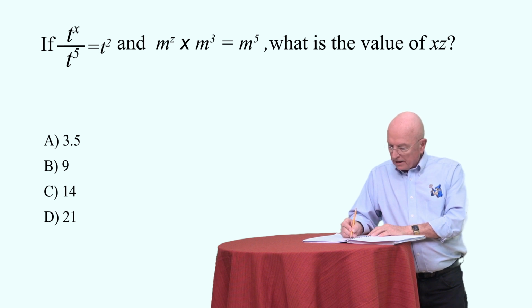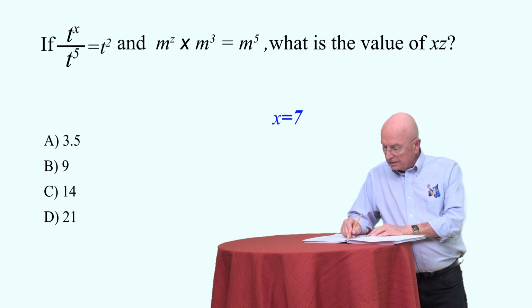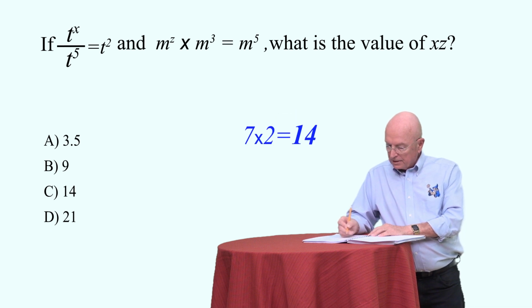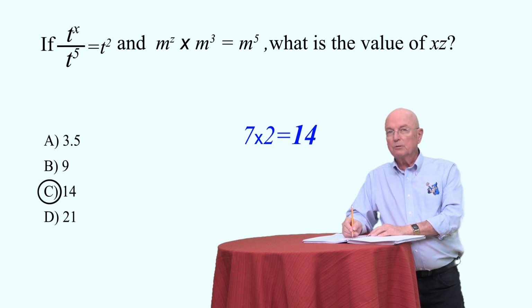So what number x minus 5 gives you 2? So x has to be 7. And in the other case, what plus 3 gives you 5? Well, that's 2. So m to the z is really, z has to be 2. And then x times z would be 2 times 7 is 14. That's answer C. Circle it in your test booklet, bubble it in, move on.